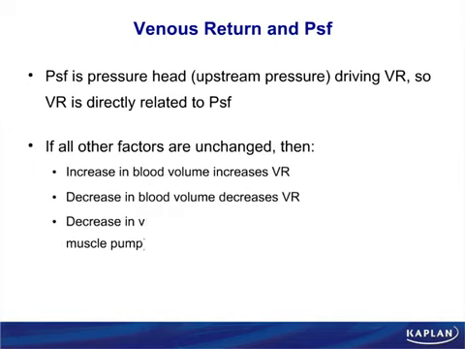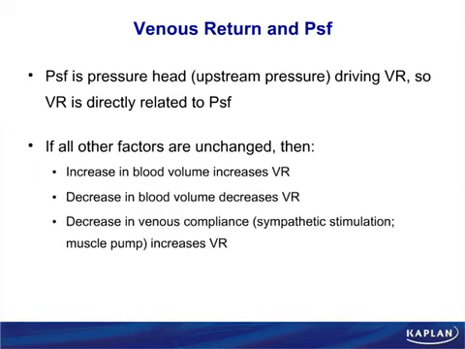If I decrease venous compliance, and now on this slide it illustrates, how do we do that? Sympathetic stimulation will be the main way. This will be an alpha-mediated vasoconstriction, more specifically venoconstriction, and also engaging the muscle pump. And the muscle pump is contracting and relaxing skeletal muscle. Just think of exercise.